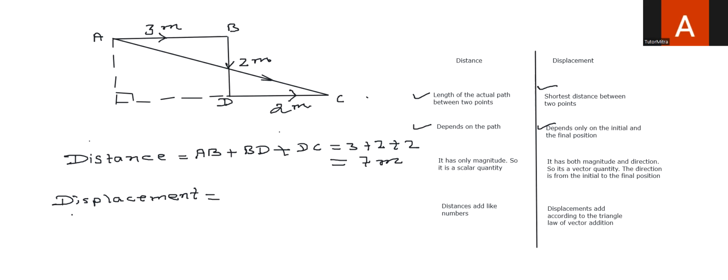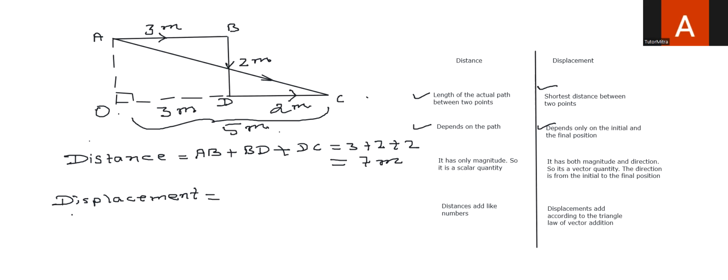This is the perpendicular line. Now, let this point be O. Now, this is obviously a rectangle ABDO, so this will also be 3 meter. And O to D, then D to C, this total is 3 plus 2, 5 meter.